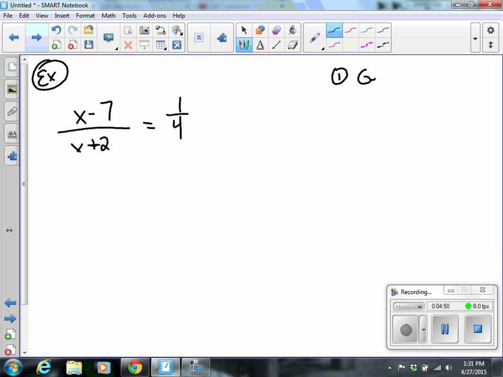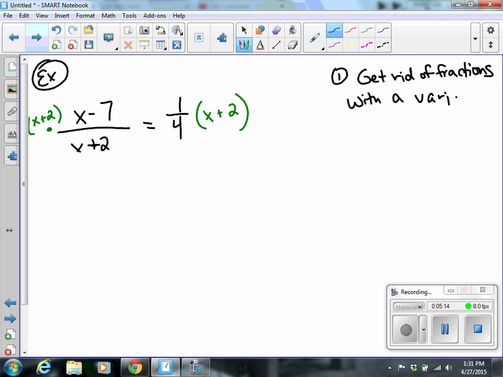Step 1, get rid of fractions. So in our case, we're going to multiply by x plus 2. By get rid of fractions with a variable. So like that 1/4, we aren't going to be able to get rid of that right away.